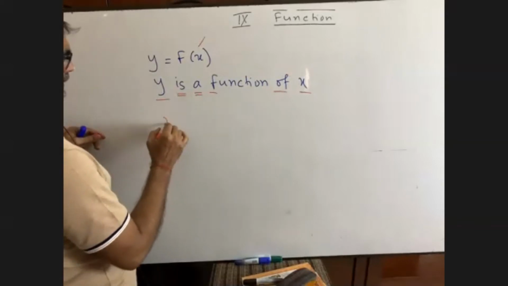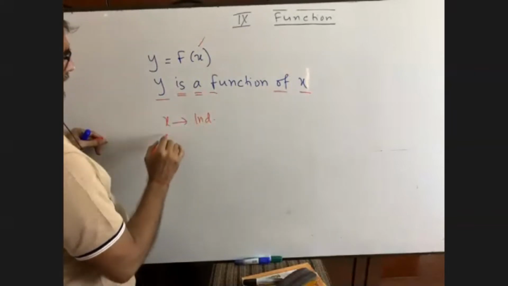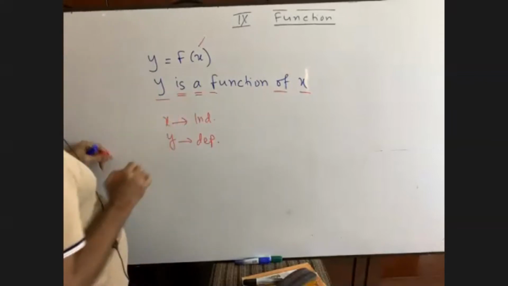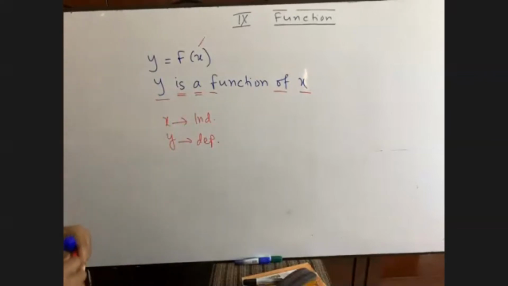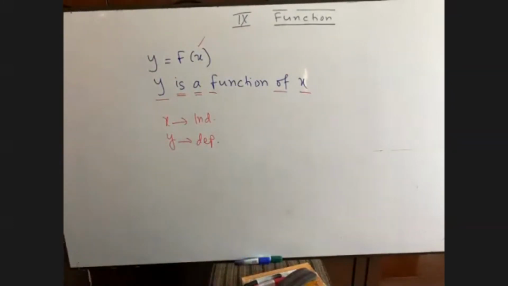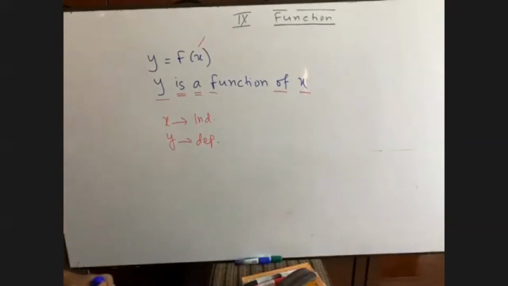Write down: x is independent and y is dependent. That means whatever you want, you can let as x, but y is not that. Y depends on x.